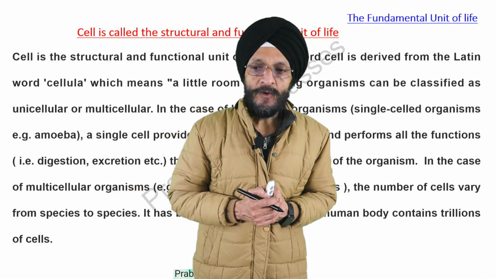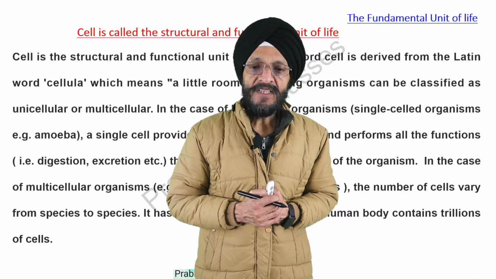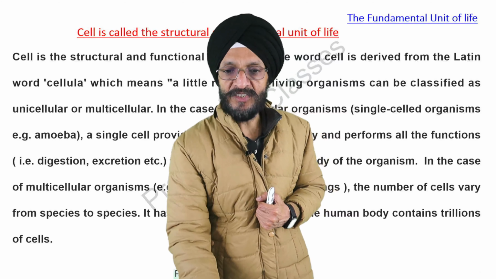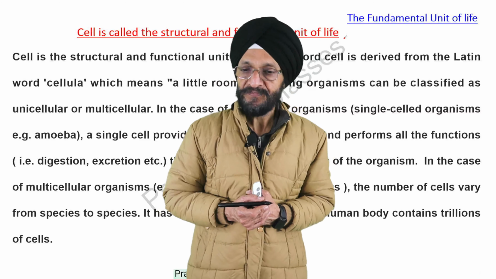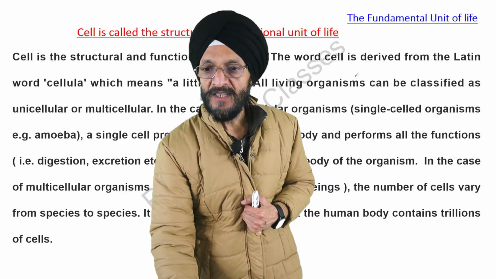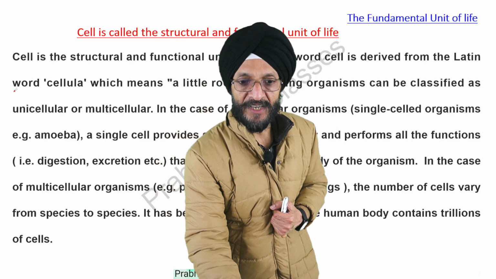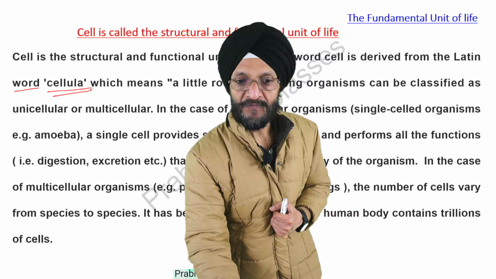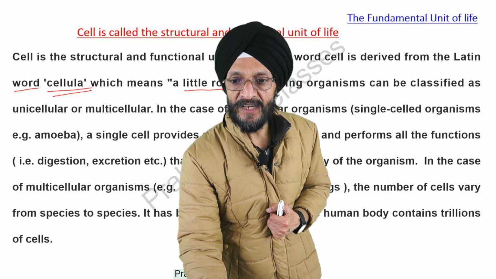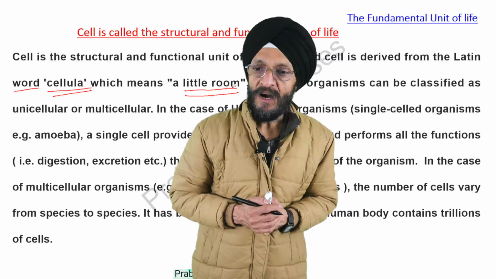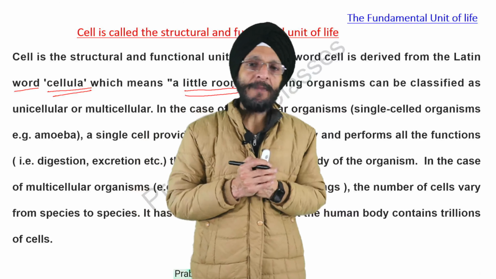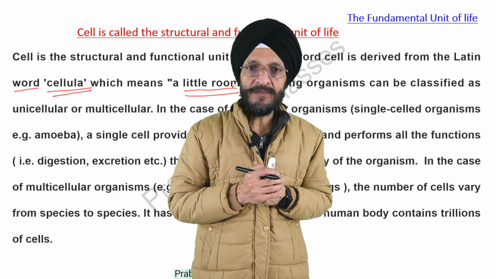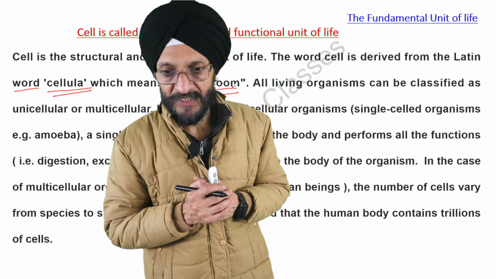Now, a question arises: why is the cell called the structural and functional unit of life? The word cell is derived from the Latin word cellula, which means a little room. All living organisms can be divided into two types, unicellular organisms and multicellular organisms.